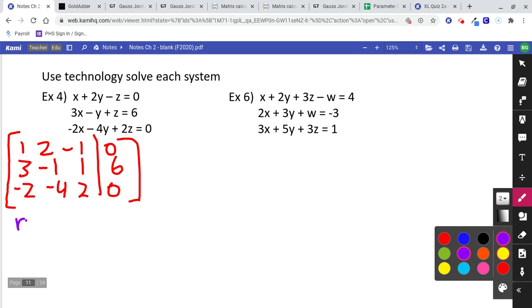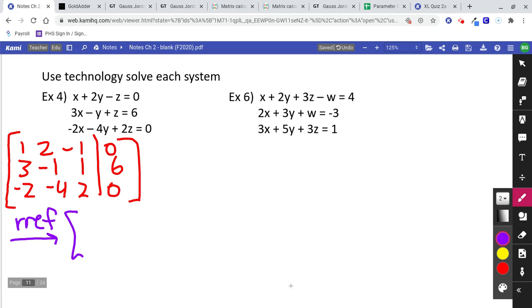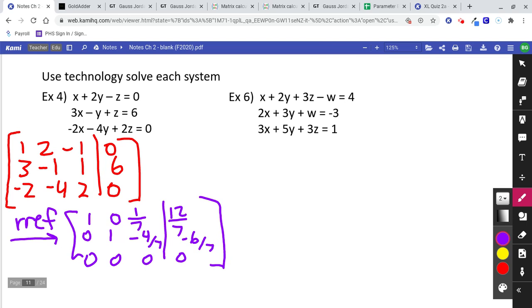We did a reduced row echelon form and got this result. Now, the zeros don't really matter. You could leave them out if you wanted to. But that's pretty much what we got.